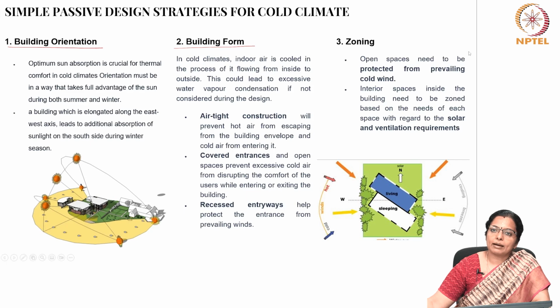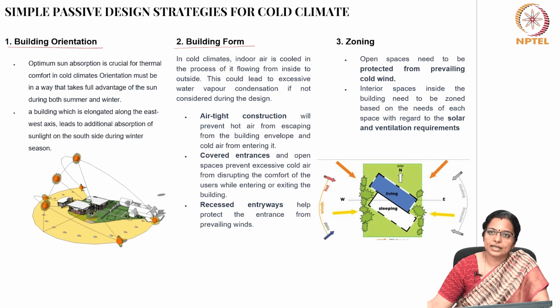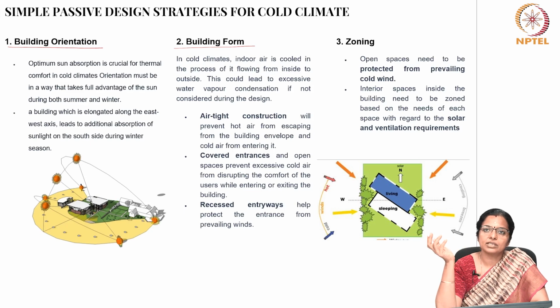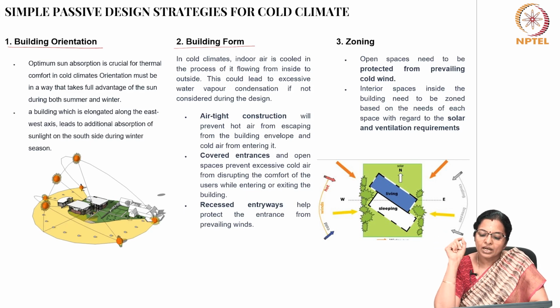In cold climates, indoor air is cooled in the process of it flowing from inside to outside. This could lead to excessive water vapor condensation if not considered during the design. So, you need airtight construction which will prevent hot air from escaping from the building envelope and cold air from entering it.